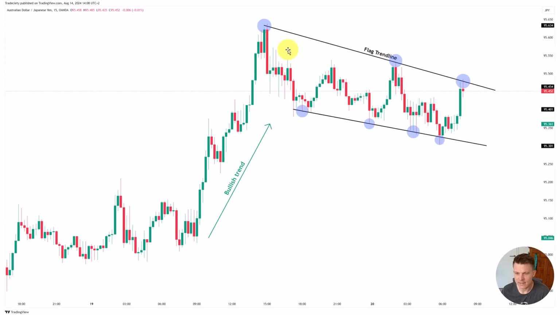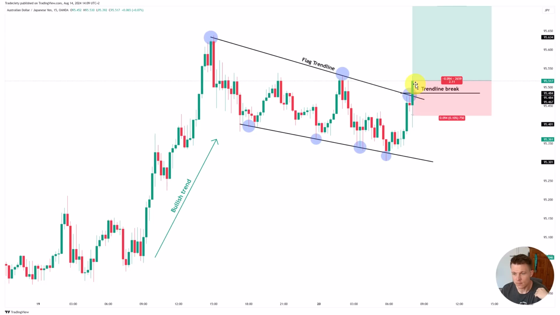So the less steep it is, the more sideways it is on a flag, the better it is, because it shows you that the balance of the bullish trend is still kind of, or could be, in favor of the bullish side. If the bears would take over, you would see a much stronger decline here in the price action. So this is a good sign when the flag is relatively flat.